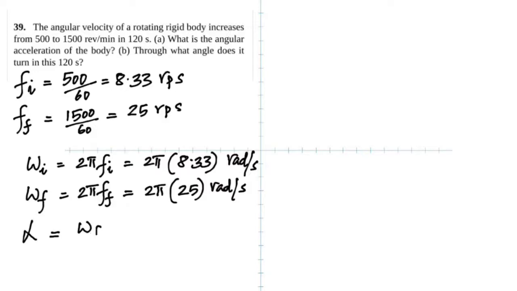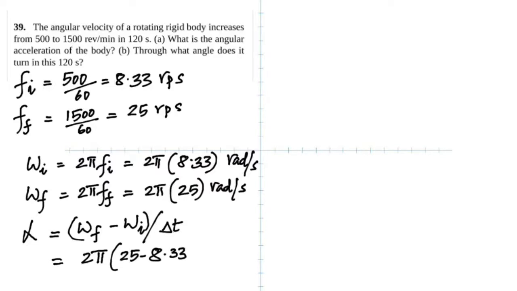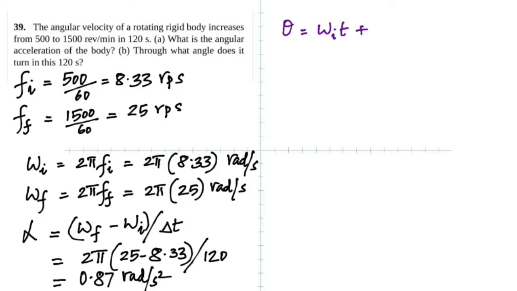And then to find the angular acceleration, find the change in angular velocity divided by time, which is what is given here, and substitute and calculate to get 0.87 radians per second squared. To find the angle, use this equation, omega i t plus 1/2 alpha t squared.